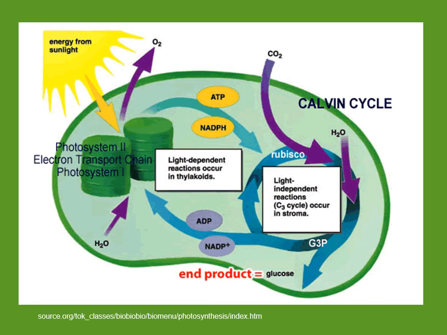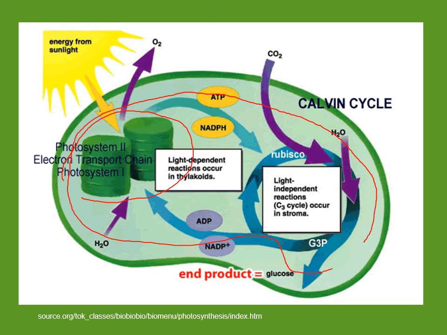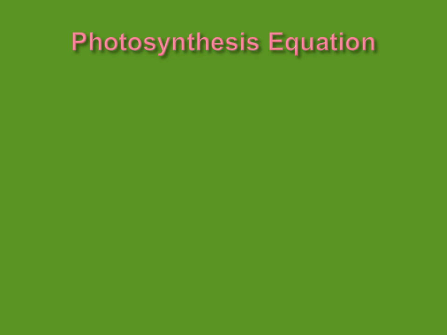So here's a nice little graphic that illustrates what's happening within the chloroplast itself. Remember, stage 1 occurs here in the thylakoid, whereas stage 2 is occurring out here, all out here in this fluid-filled section called the stroma of the chloroplast.